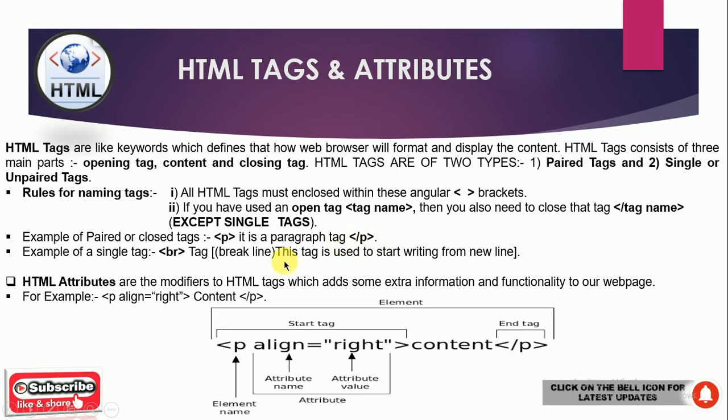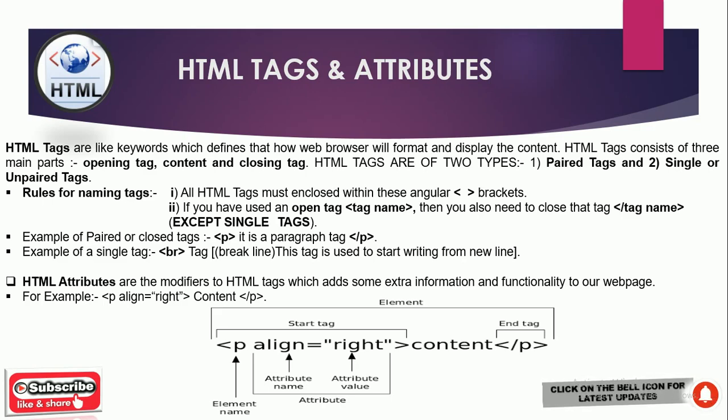Now one more example, of a single tag, that is the br tag. The br tag is known as the break line tag. This tag is used to start writing from a new line, it will break the line, and then you can start your coding from the next line.